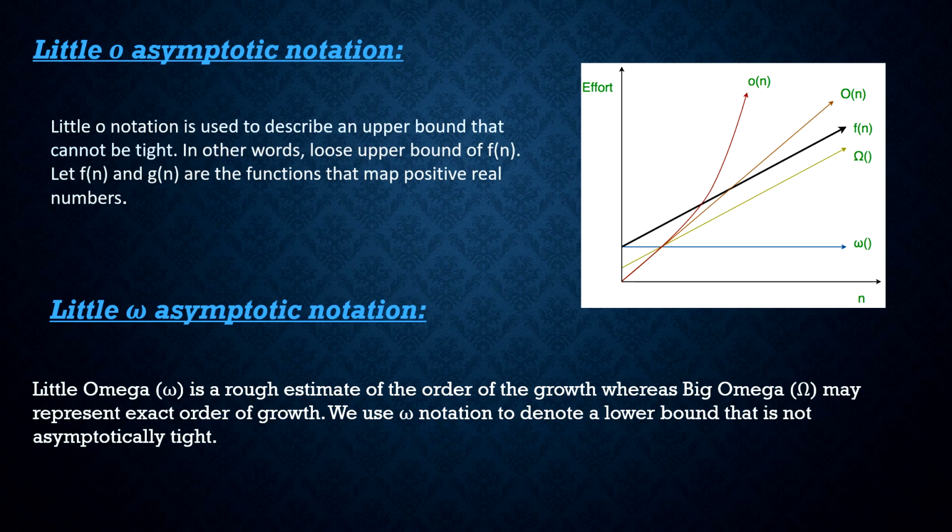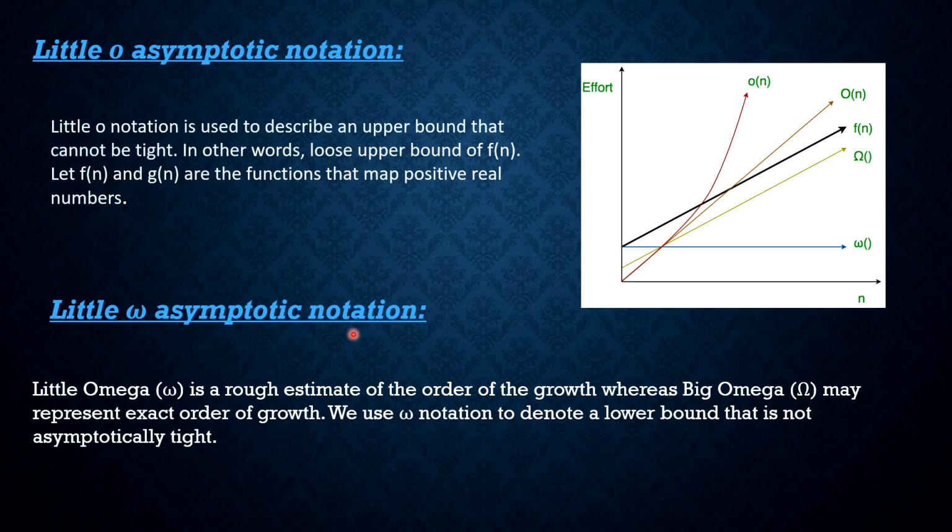Let f of n and g of n be functions that map positive real numbers. We can see in this graph that f of n is a function, with o of n and omega of n slightly above and below. This elaborates the little o asymptotic notation.